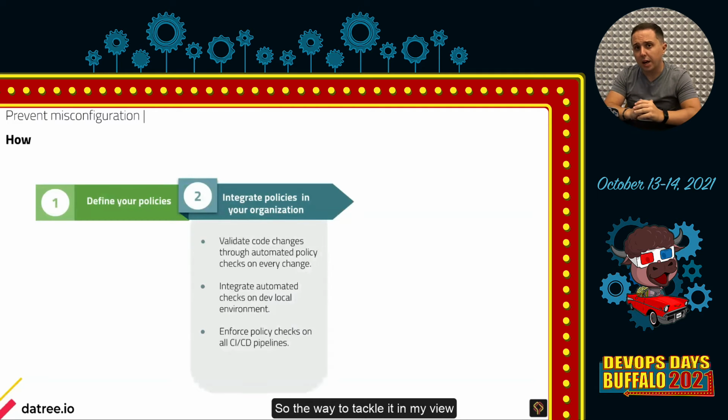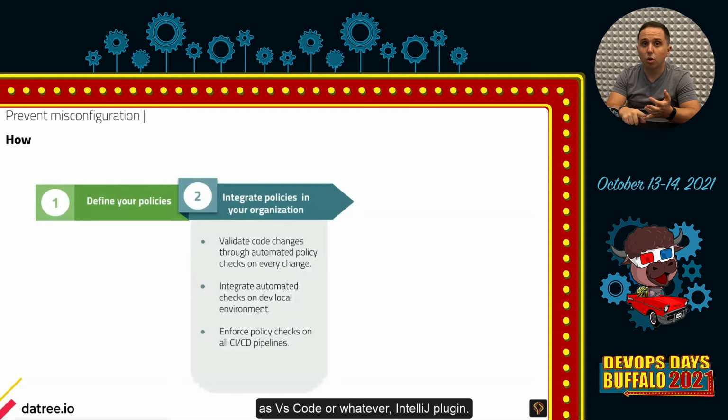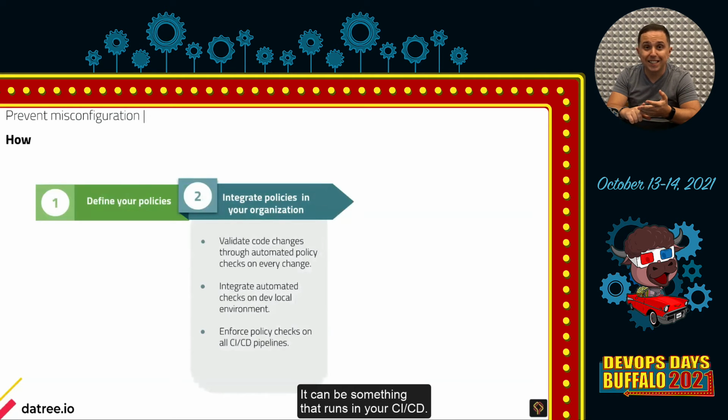So the way to tackle it, in my view, is to validate all changes that are happening in an automated way, and to run it on every code change. It can be a VS Code or IntelliJ plugin. It can be a pre-commit hook. It can be something that runs in your CI/CD.